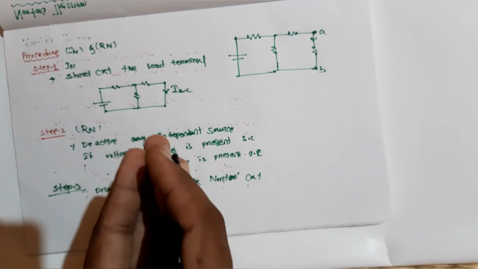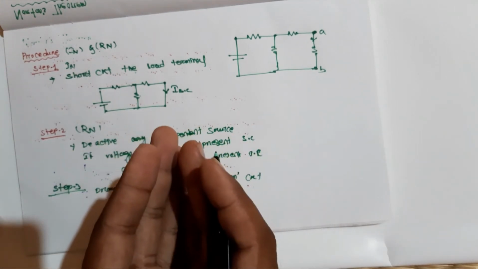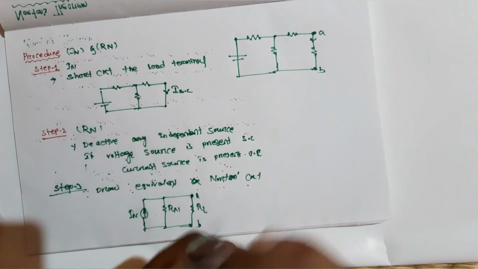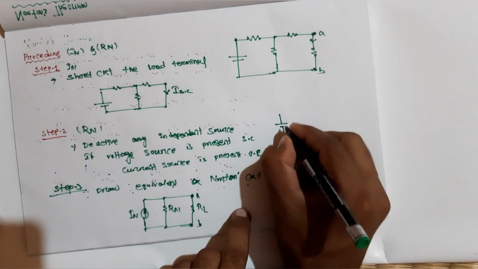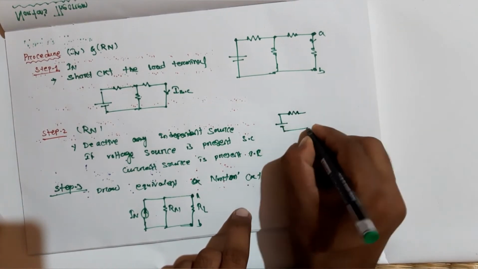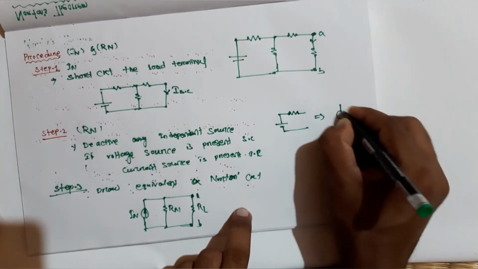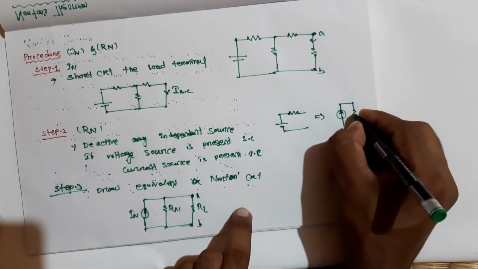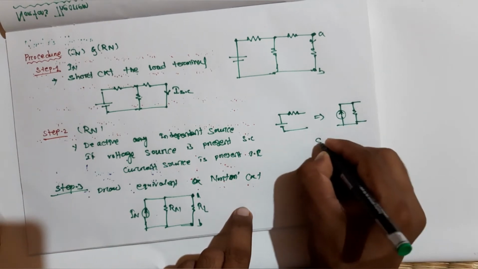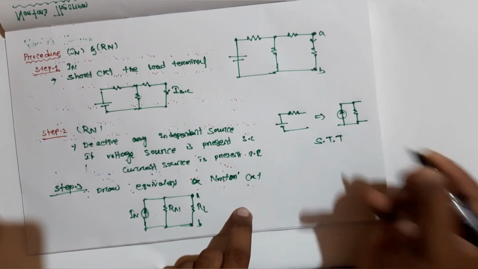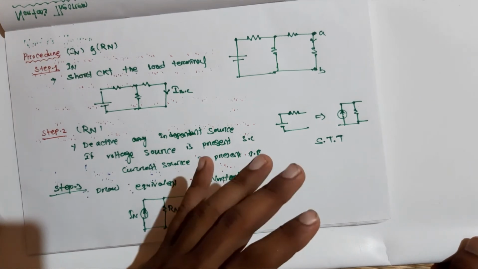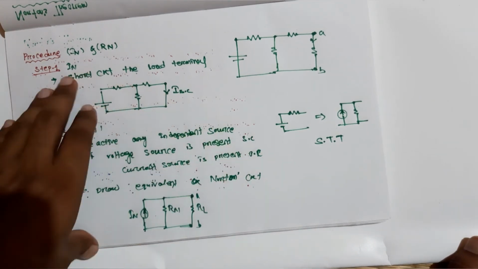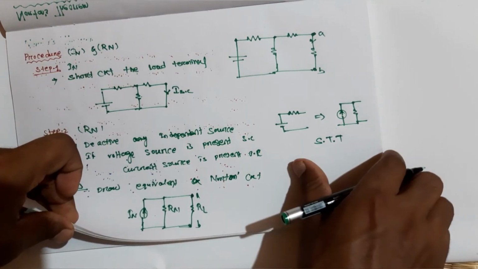You already know how to apply source transformation; if you don't, the link is in the description. If a Thevenin equivalent circuit is given, we can convert it into a Norton equivalent just by source transformation. Next we go to a simple example to clarify our doubts.